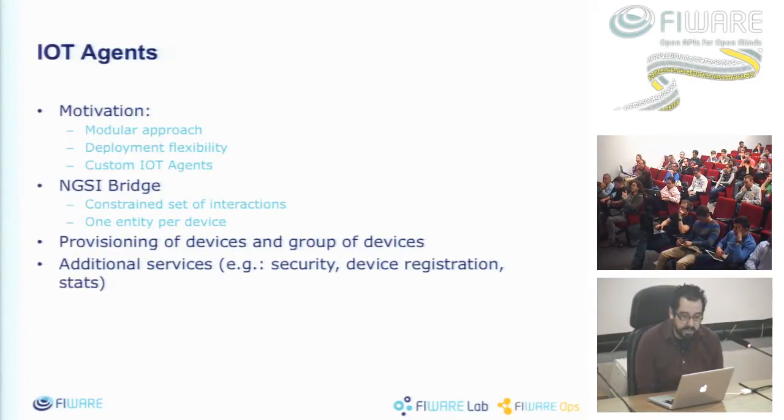This step is important because some information about the device, like the API key, security information, trust tokens, as we are going to see later, or the service the device belongs to, has to be provisioned before the information of the device arrives to the IoT agent, so the IoT agent can provide all that information in the context operations it performs against the context broker.